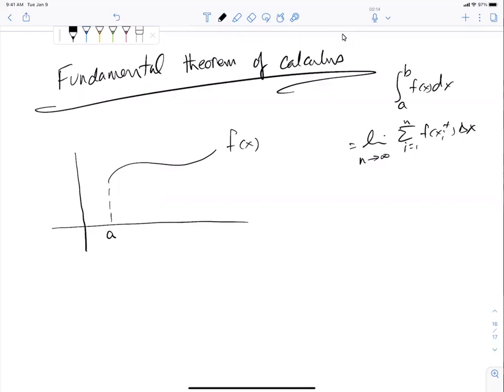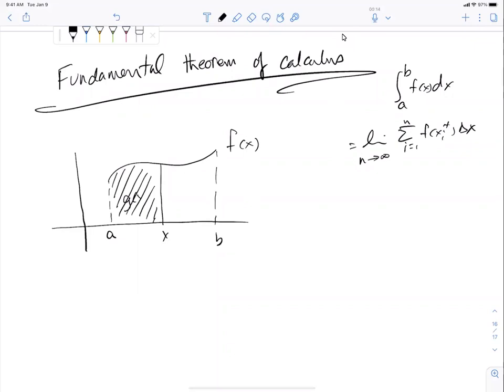Suppose that I define a function g, where g of x corresponds to the area bounded under f and the x-axis, from a to x. As x increases, that area in this picture gets bigger. Of course, if the function had negative parts, that would not be the case, but in this picture, as x increases, g of x would increase.